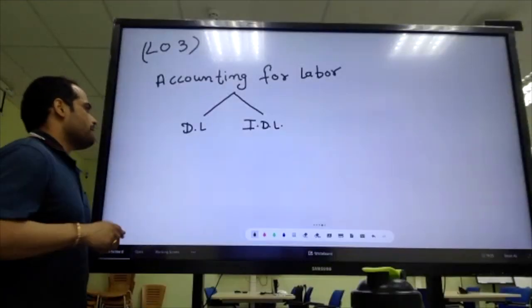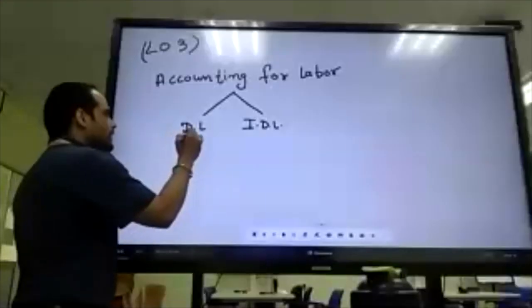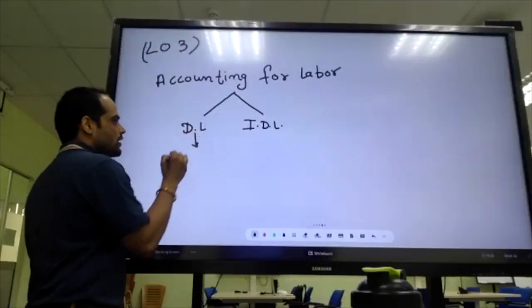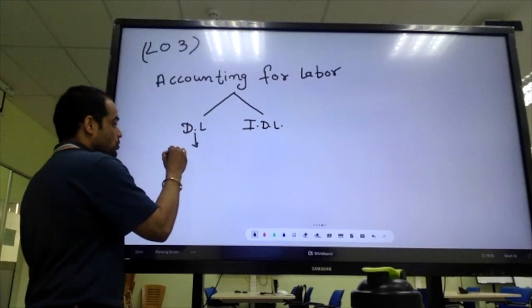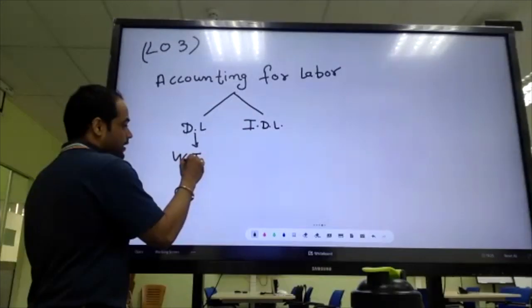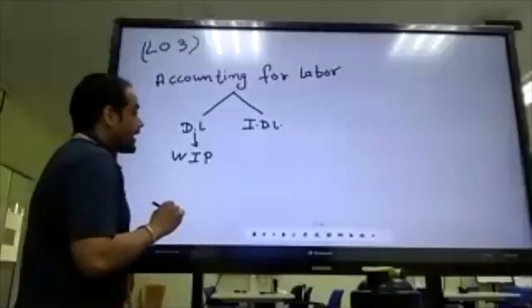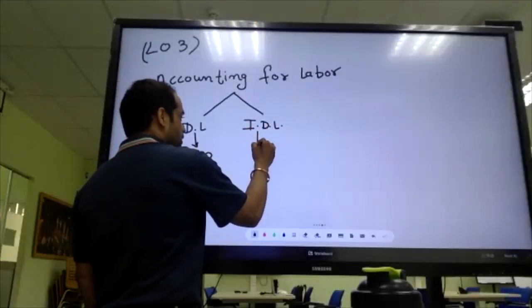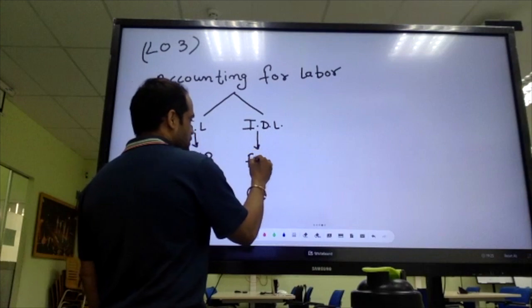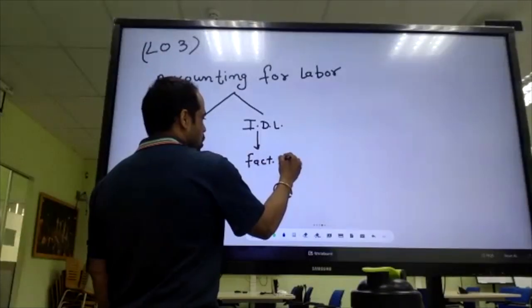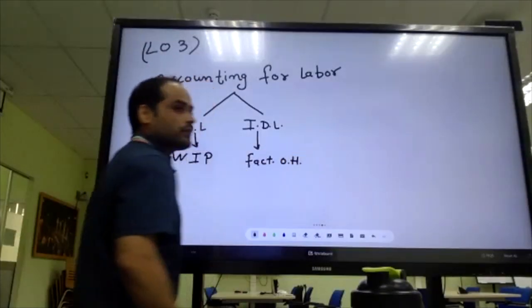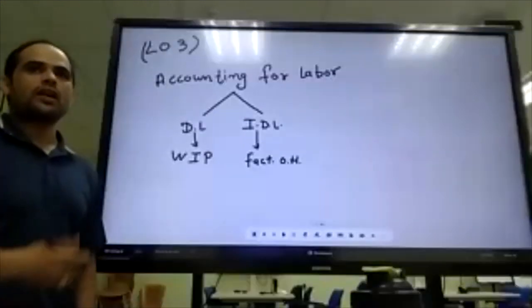So remember, direct labor cost belongs to work in process, and indirect labor belongs to factory overhead, right?